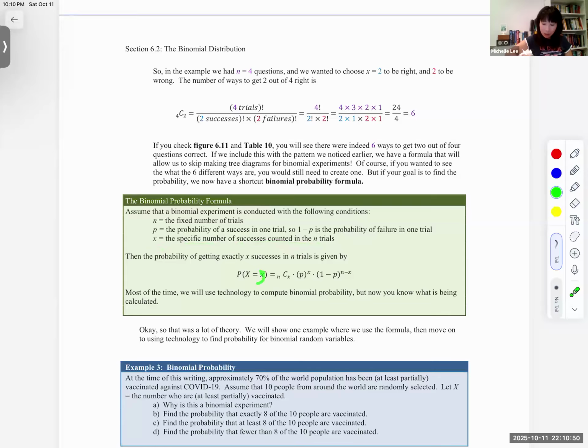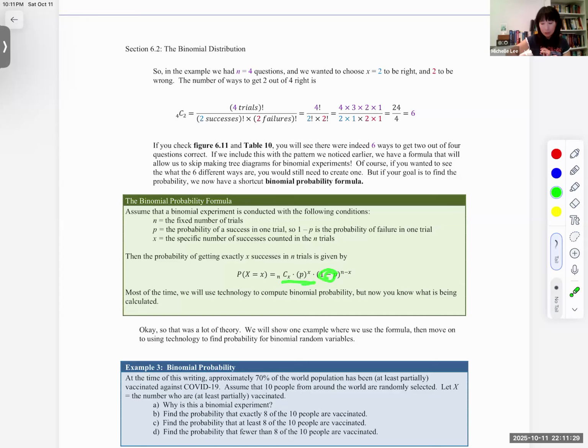Now we have an equal sign, that means exactly x will be the number. It can be x equal to 1, 2, 3. Then how many trials? That's the n. How many successes? That's the x. That's the n minus x. So this is basically the probability of success. Here is the probability of failure, right?